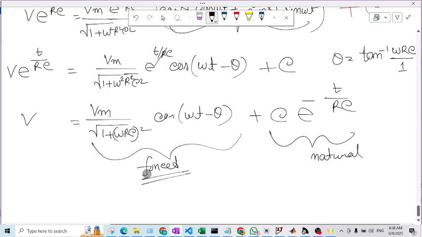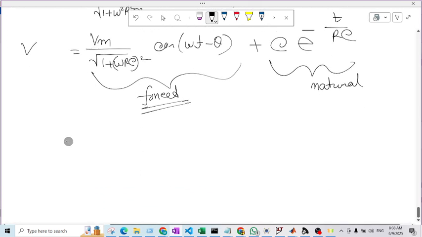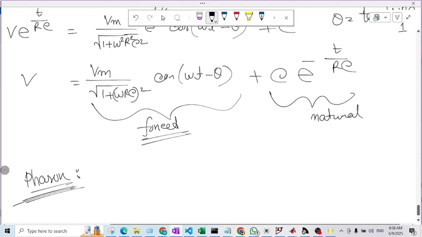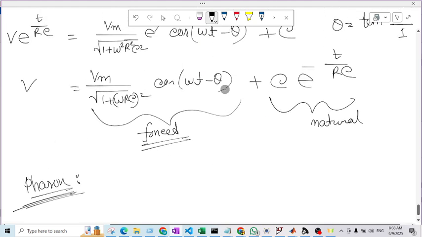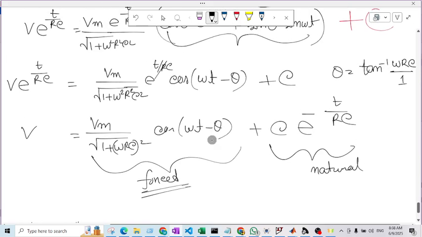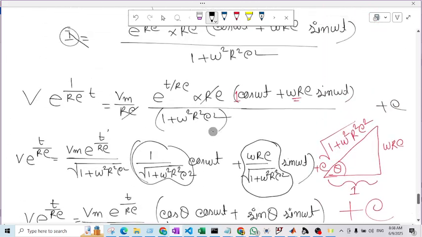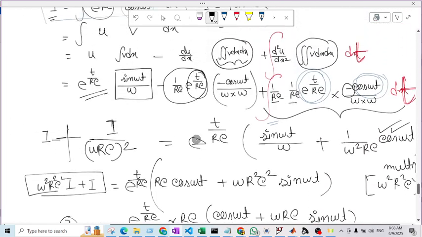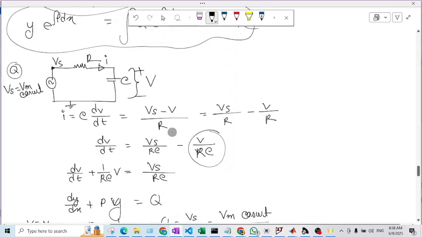Now we will solve this equation using the phasor. Let's see how to do it with phasor. And you see that our voltage has lagged by theta. Our voltage has been lagged by theta, as we have used the capacitor here.